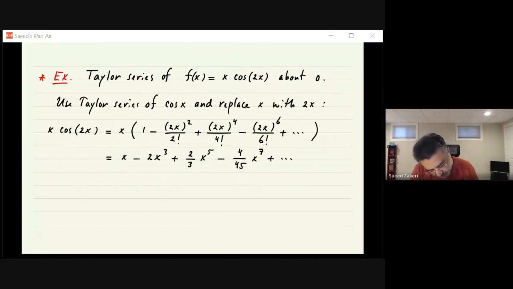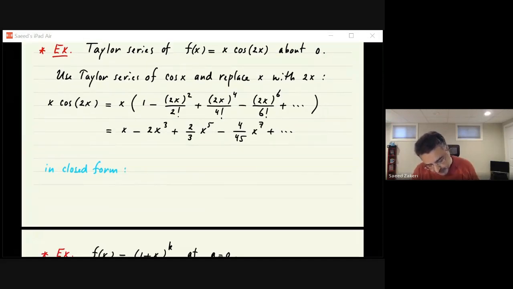What about the closed form? In closed form, if I wanted to write it in closed form, I would start with the Taylor series of cosine x and then tweak it. The Taylor series of cosine x is minus 1 to the n over 2n plus 1 factorial times x to the 2n. Sorry, 2n factorial on the bottom, not 2n plus 1.